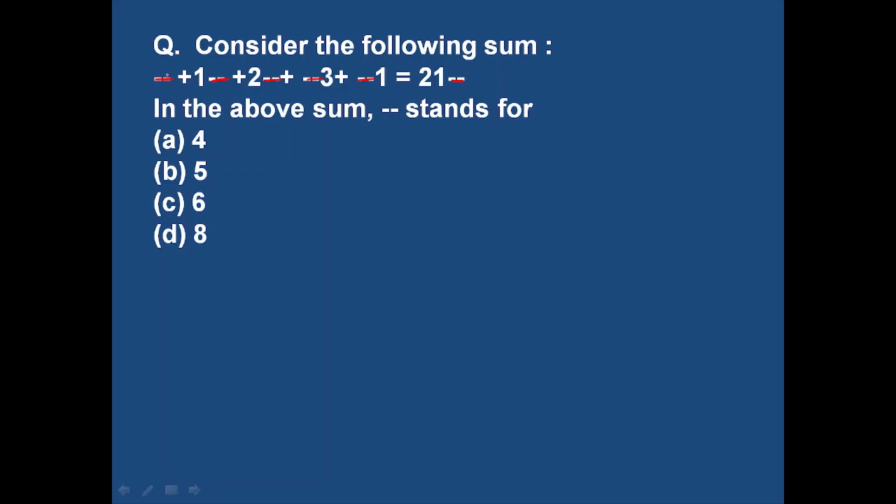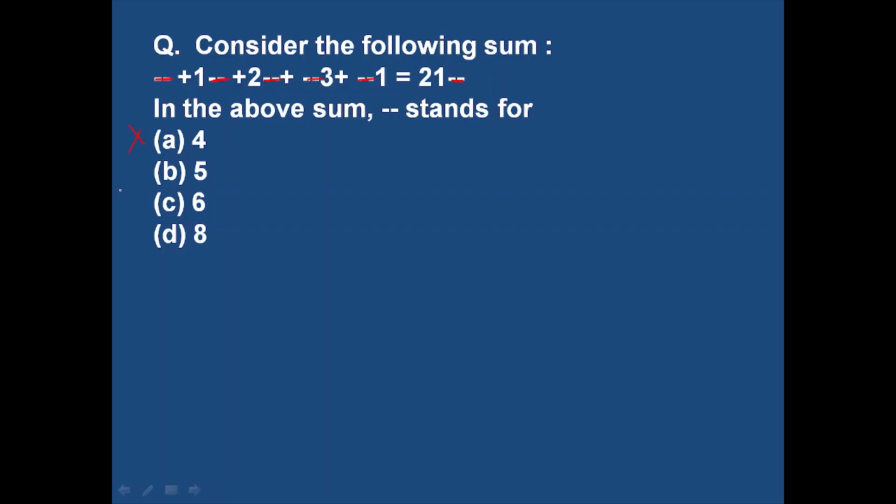So if we put 4 here, 4 plus 4, 8 plus 4, 12, 12 plus 3, 15, 15 plus 1, 16. Here the unit digit is 6. If option A is the right answer, then here also it should come 4, but it's coming 6.